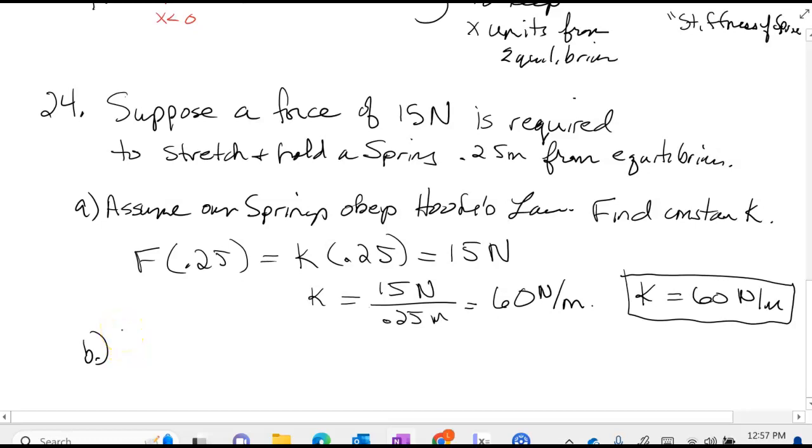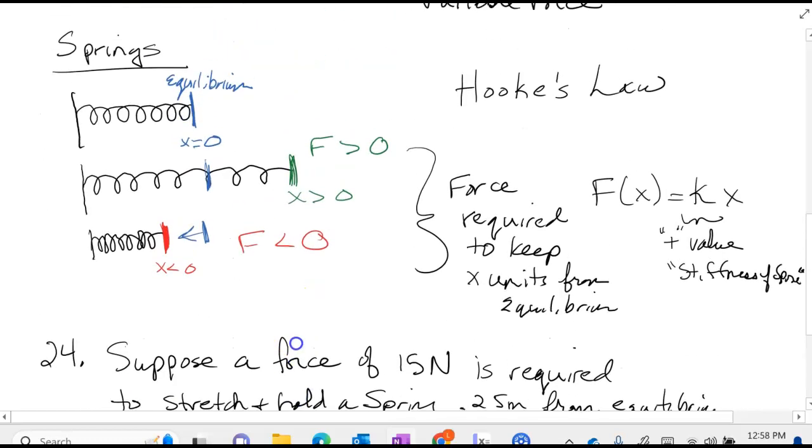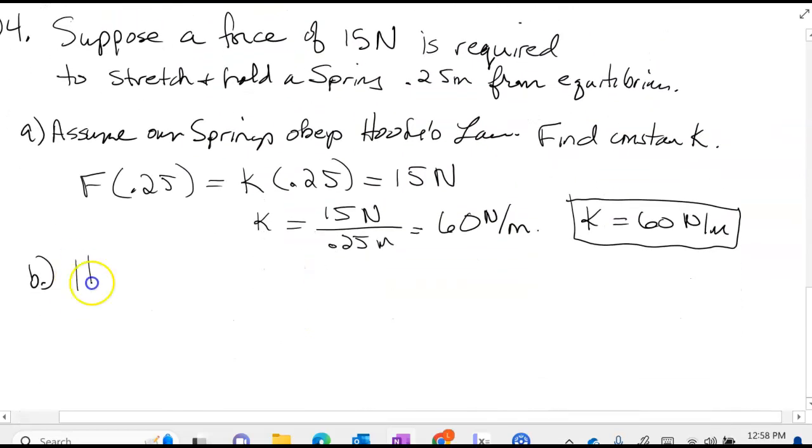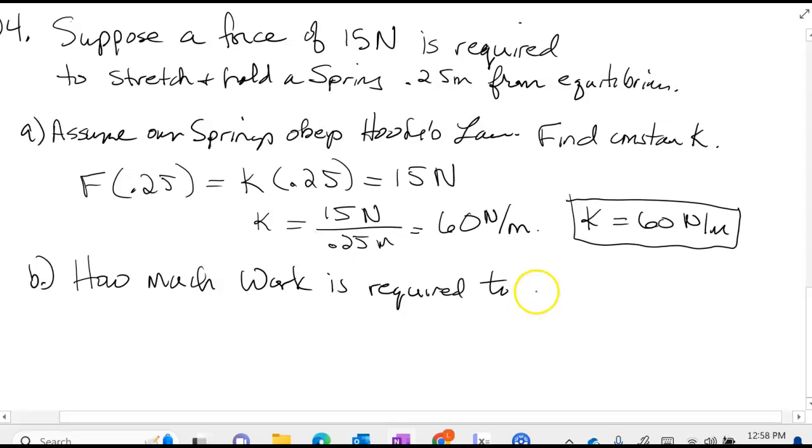How much work is required to compress the spring 0.2 meters from equilibrium?